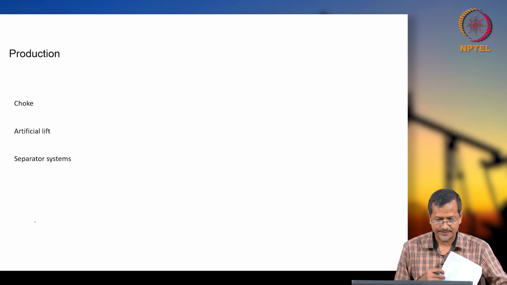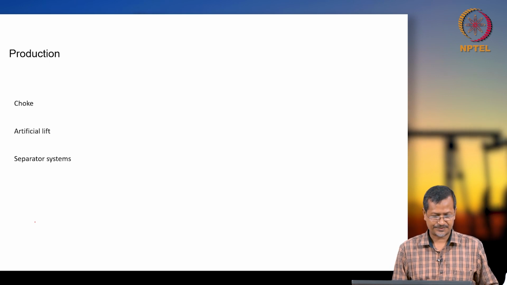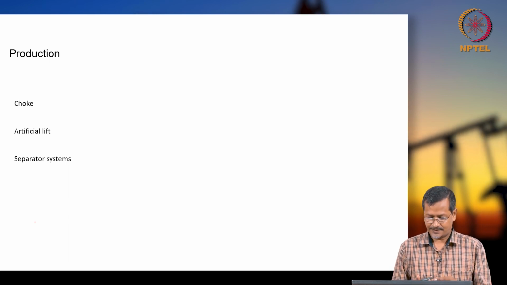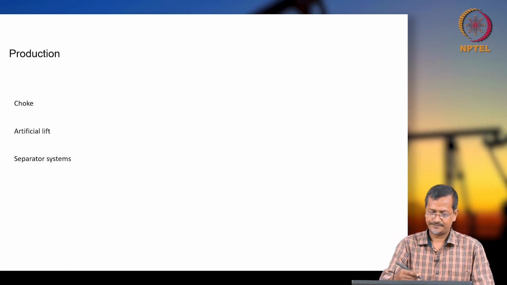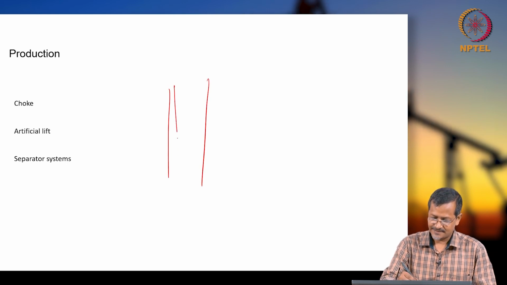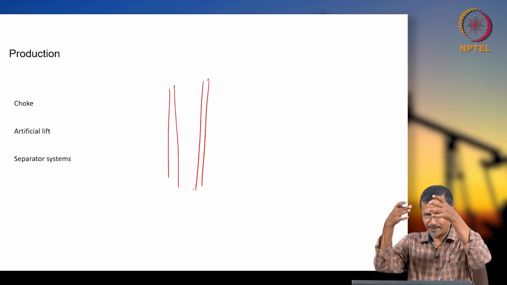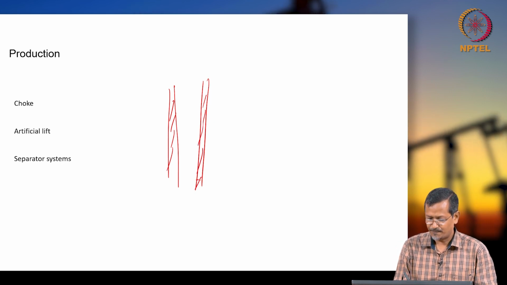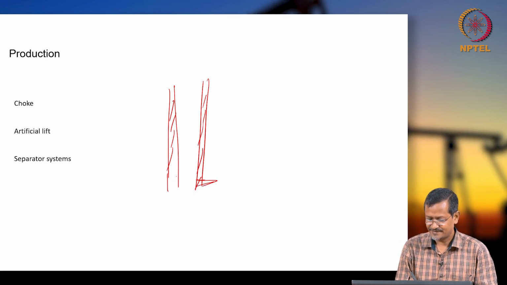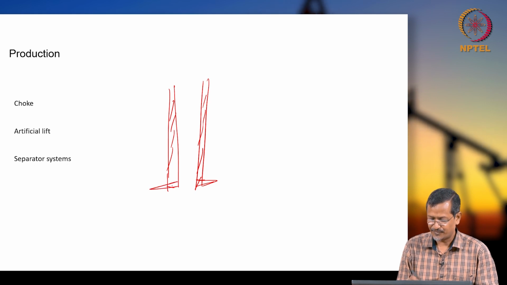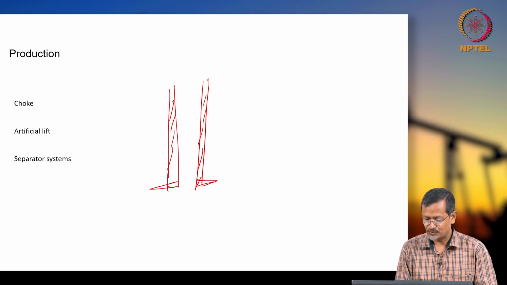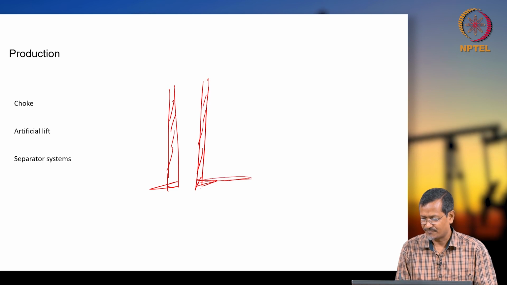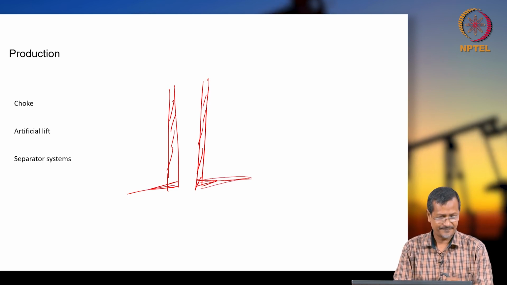The next one. Okay, production. Now you got a wellbore, cement cased, casing is a metal pipe you put, you cemented, right, then you perforated. Okay, you perforated, then in many cases you did some cracking also, or fracking, a frac job you have done.